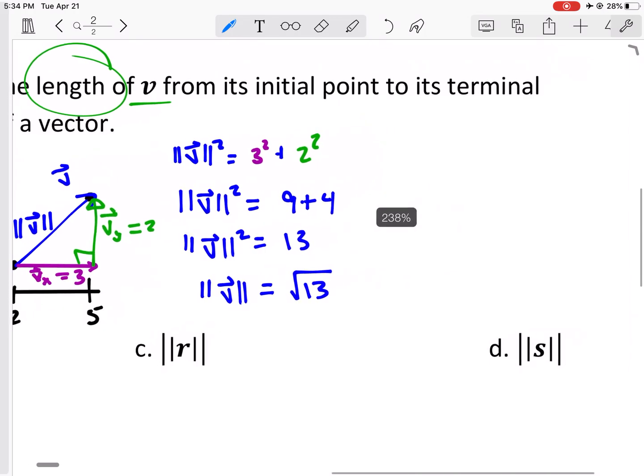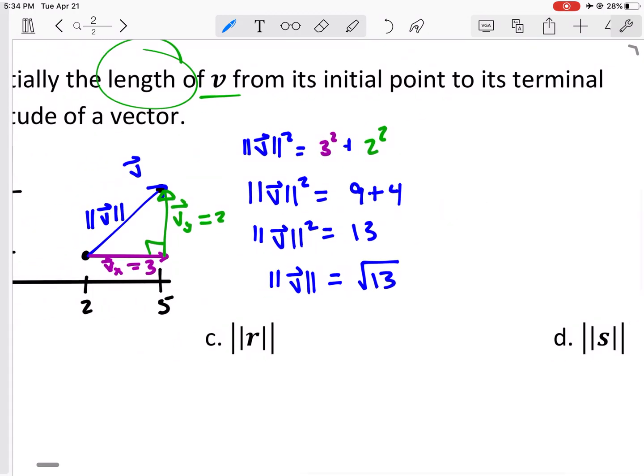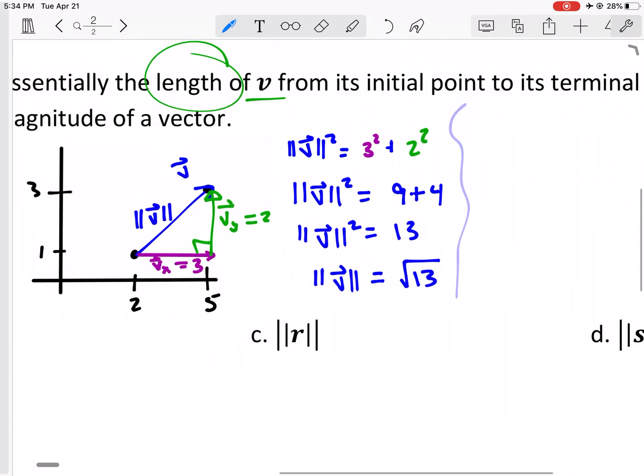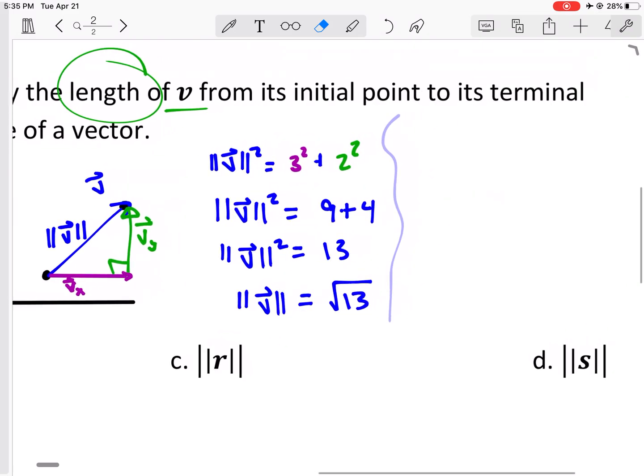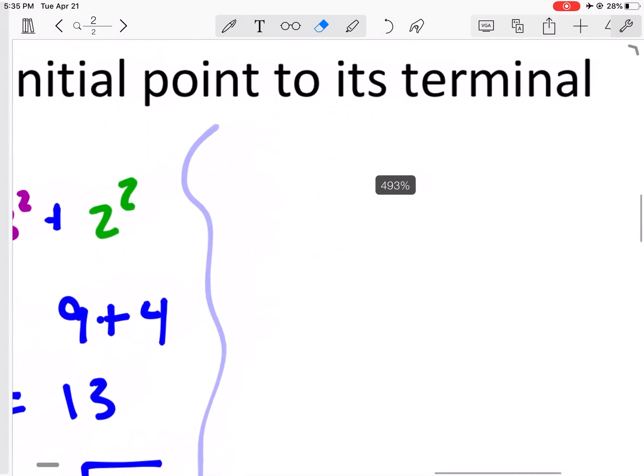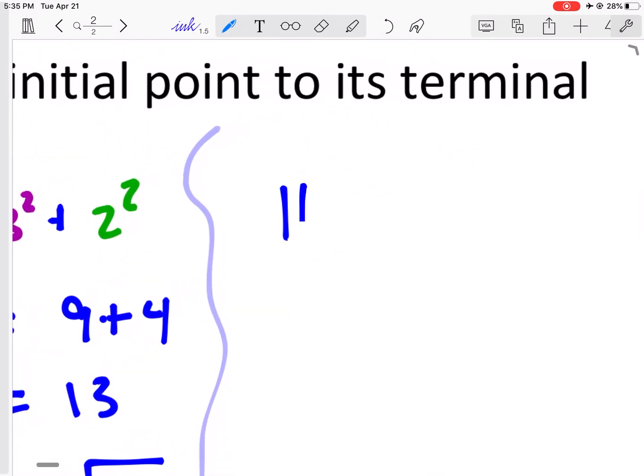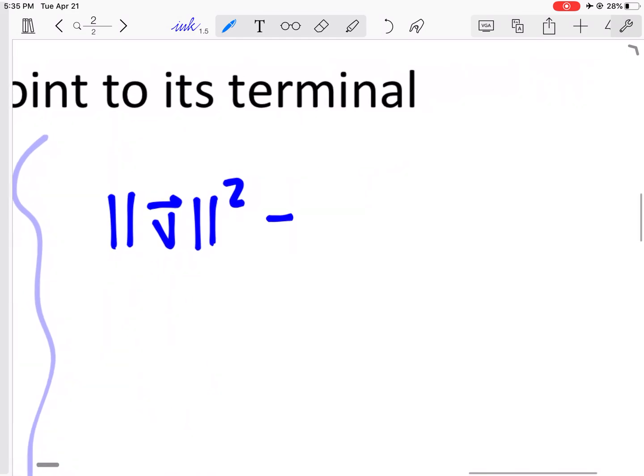It seems kind of tedious that we have to set up the Pythagorean theorem over and over and over again. So let's think generally. If I were to think generally, that means I am ignoring any of my actual measurements here, making v a completely arbitrary vector. If we were to set this up, it would still be the same thing, just no numbers.